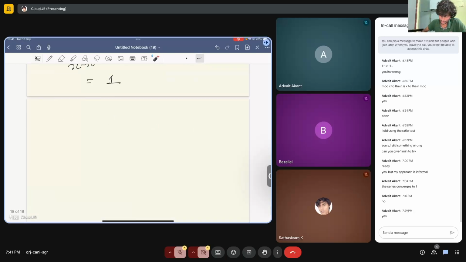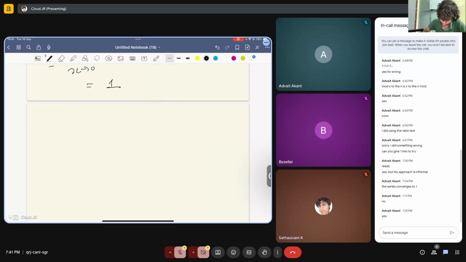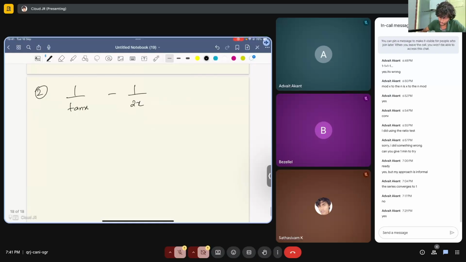Okay, so maybe let me do one more problem here. So this problem is, let's say, tan x minus 1 by 2x. Similar problems are in the assignment, so I will not do it fully, I'll just give you the hint.